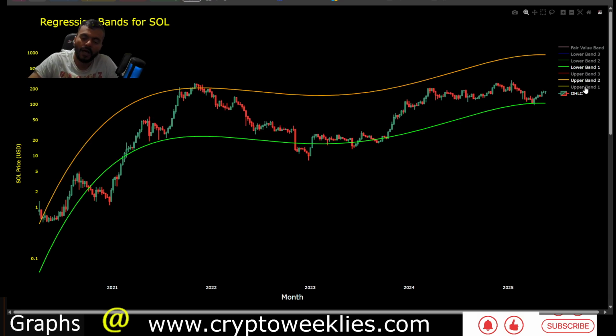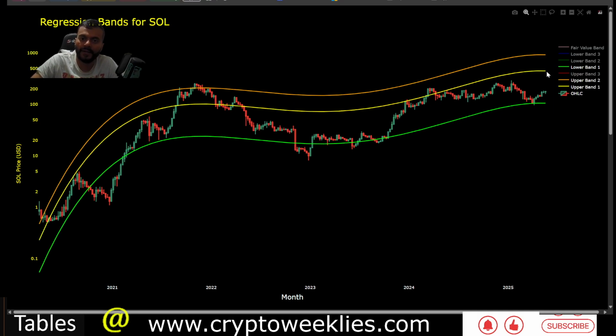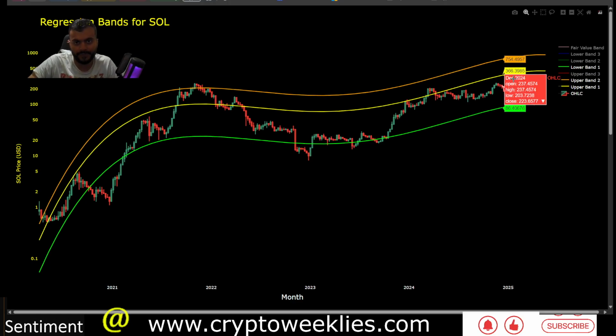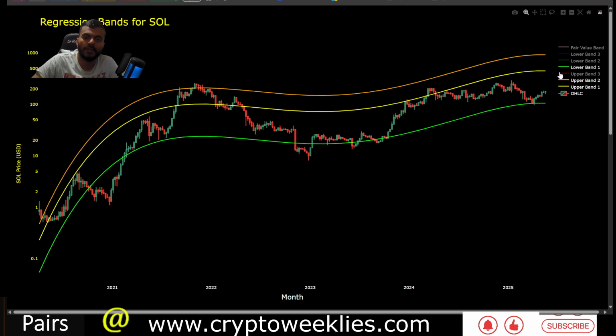Again, that's an outlandish target somewhere between the yellow line, because you can see the last time around price barely beat the orange line in November 2021, and as the asset matures, getting that move, two standard deviations up from the fair value, becomes more and more difficult.